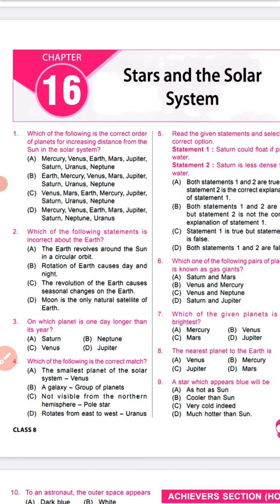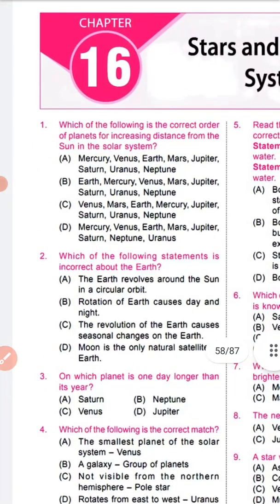Welcome to NSO Class 8, Chapter 16, Stars and Solar System. Come to question number 1. Which of the following is the correct order of planets for increasing distance from the Sun in the solar system? Your option, notice: Mercury, Venus, Earth, Mars, Jupiter, Saturn, Uranus and Neptune.